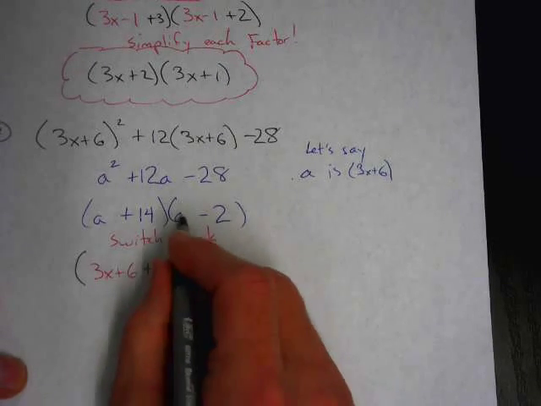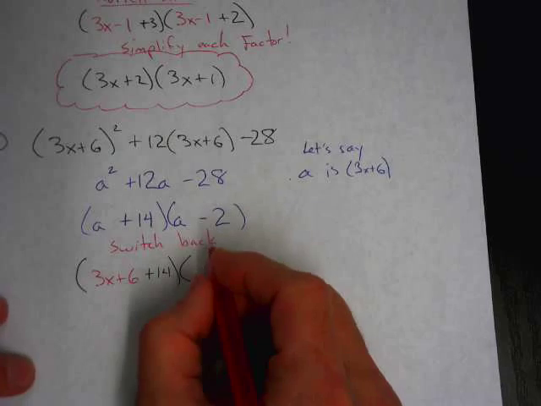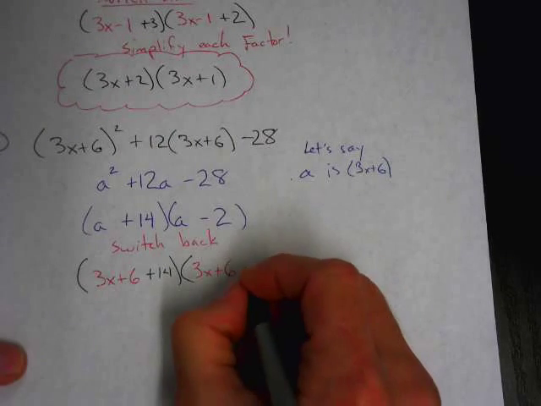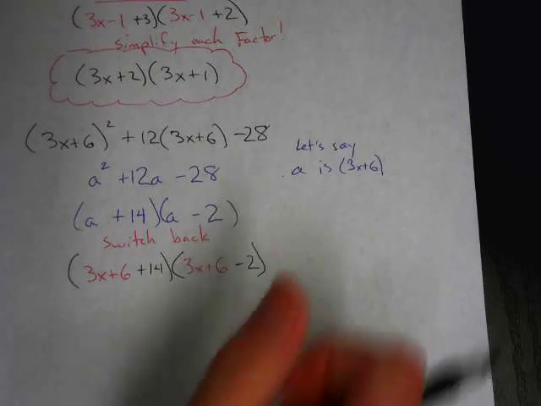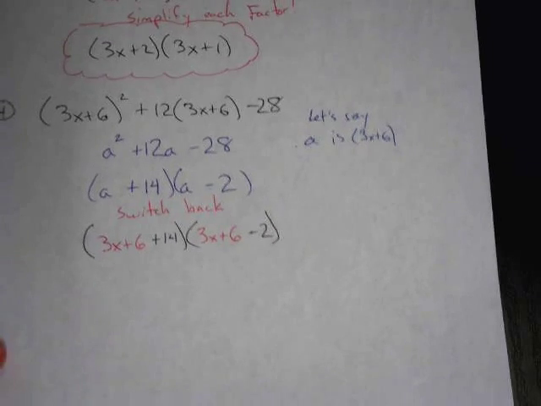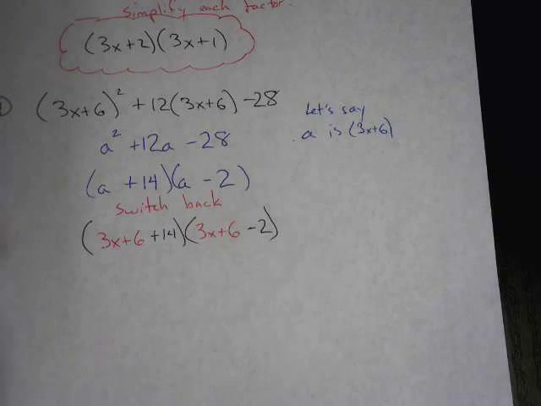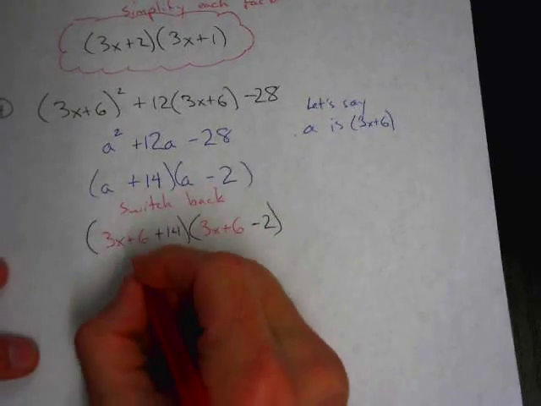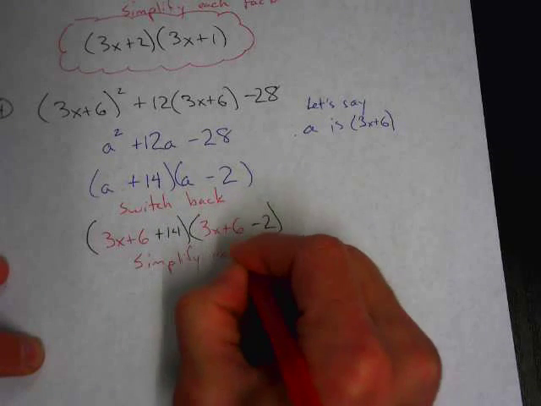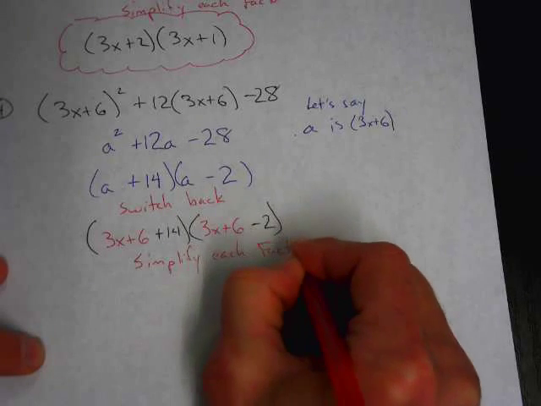And then instead of a minus 2, we're going to have 3x plus 6 minus 2. And all we have to do now is simplify, because that doesn't help us with graphing at all. It doesn't help us with solving equations. So let's clean this up. We're going to simplify each factor, and then we're done.